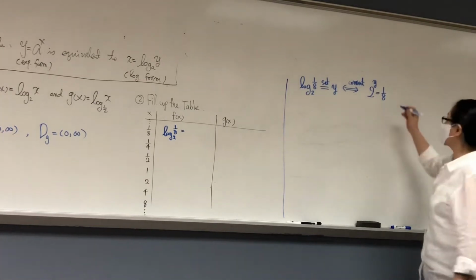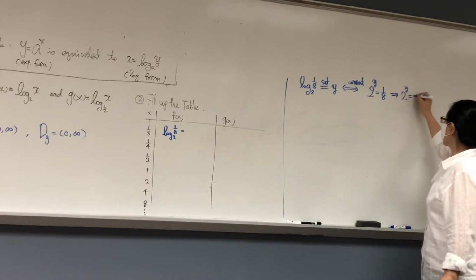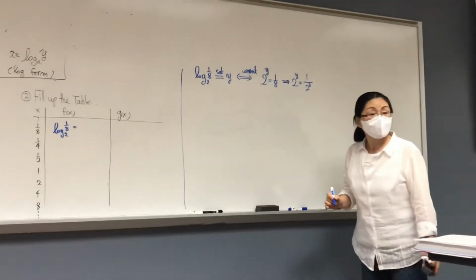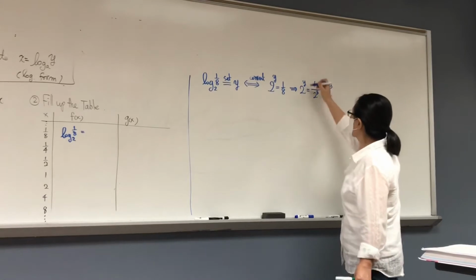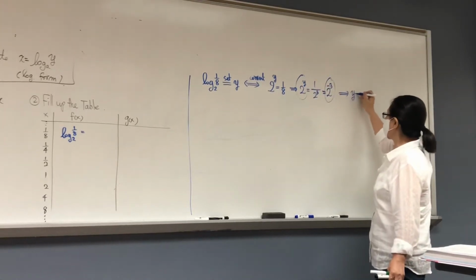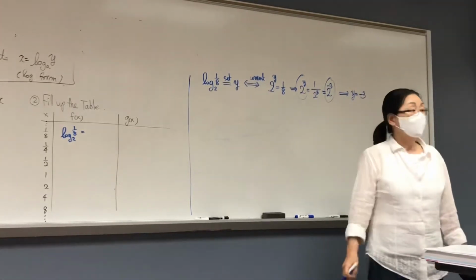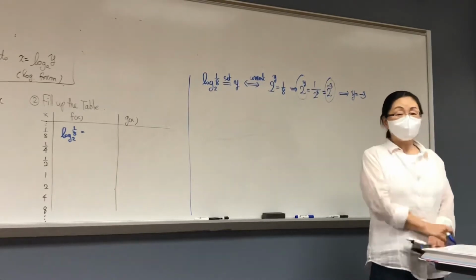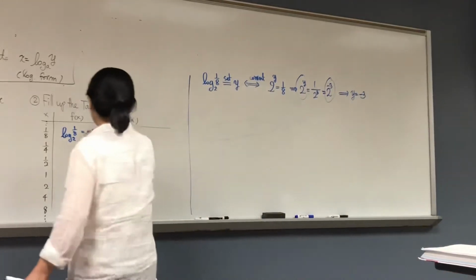So rewrite 1/8: 2 to the y equal to 1/2 to the cube. To the what? Good job. So compare this one and this one, same base. So what is y? Good job. That you did in college algebra. Nothing new. Keep going. So this is -3.